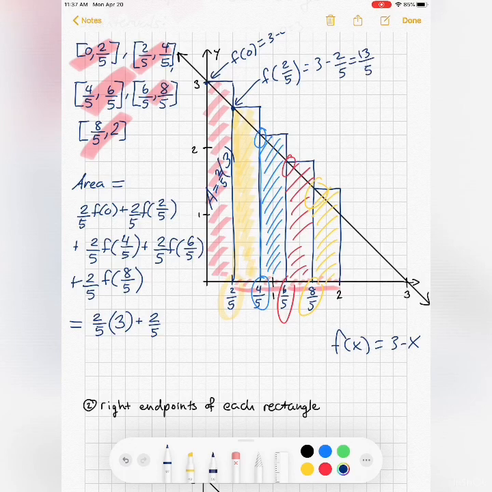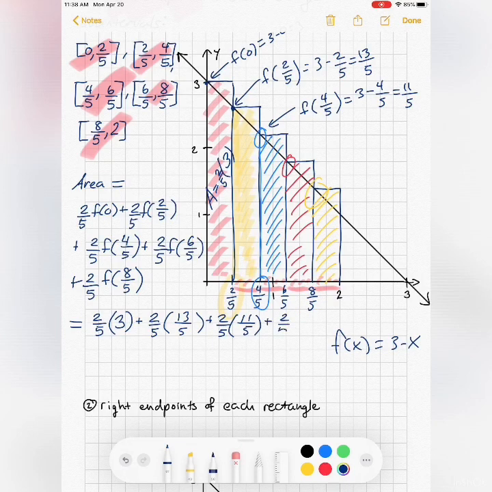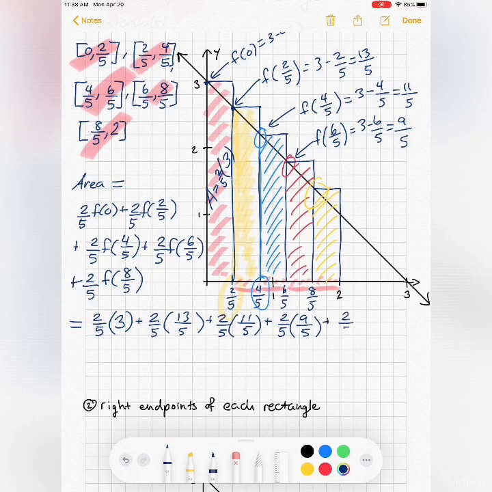So what is that? 13/5. Eleven fifths. 9/5. What is that, 7/5?